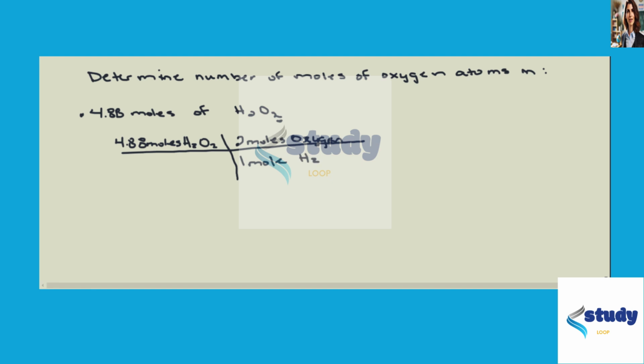So basically, I'm comparing the subscripts of oxygen to the coefficient of the entire compound. So these moles cancel out, and I'm left with moles of oxygen as my units, which is what I want, and so 4.88 times 2. So I have 9.76 moles of oxygen atoms.